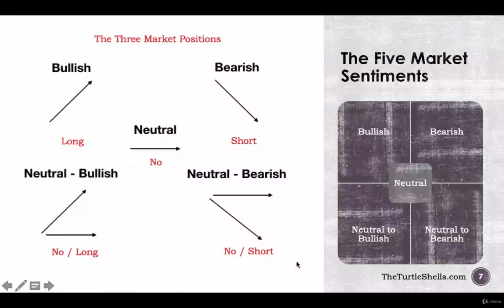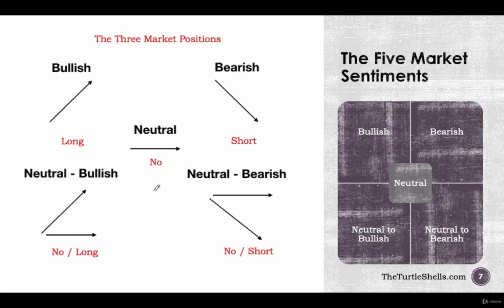So those are the 5 views of the market, or the 5 sentiments of the market. These 5 sentiments are nothing but the psychology of the market, as we mentioned before. You can form these views by looking at the Japanese candlestick patterns, which you are going to learn in this course. And once you have a correct view, then you know on which side of the market to trade from.